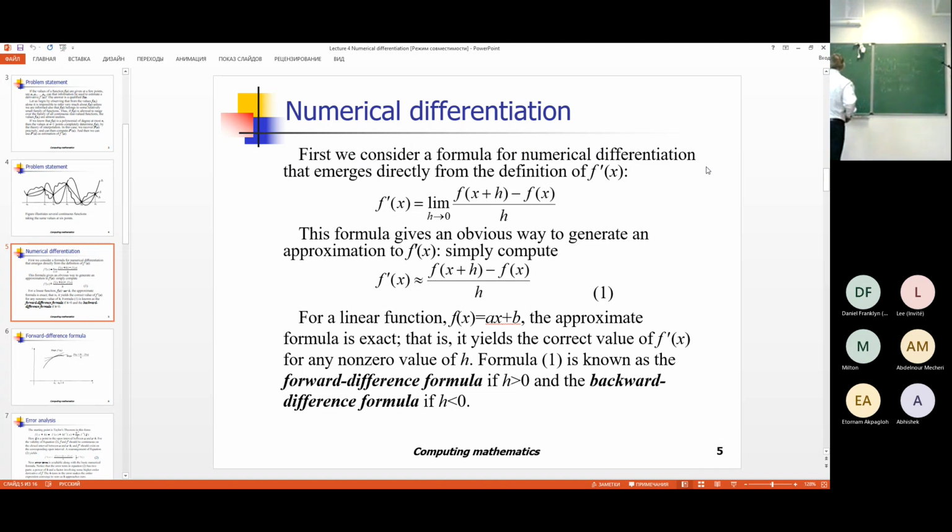You have f of x plus h, f of x, h, and f prime of x0. What will be the approximation to the real value of the derivative?